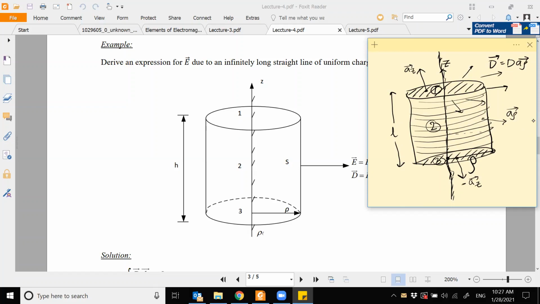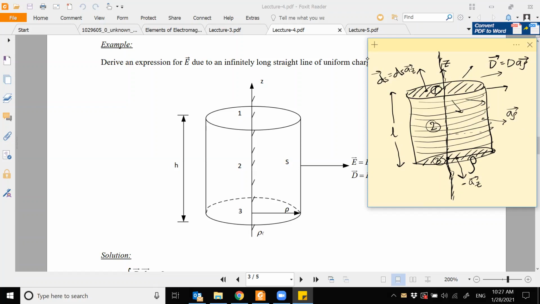So for surface 1, dS bar is equal to dS times a z.